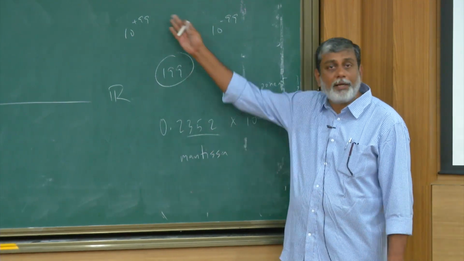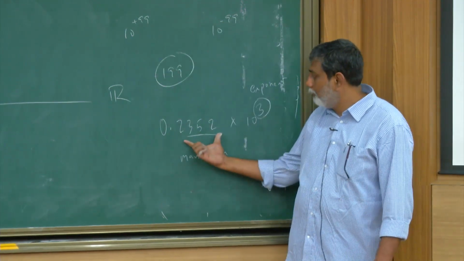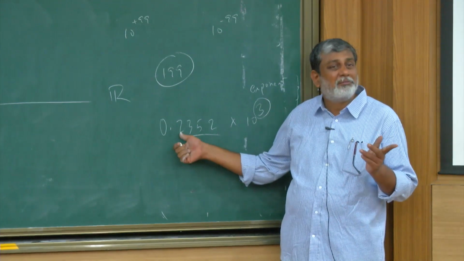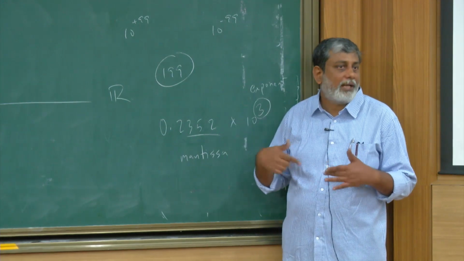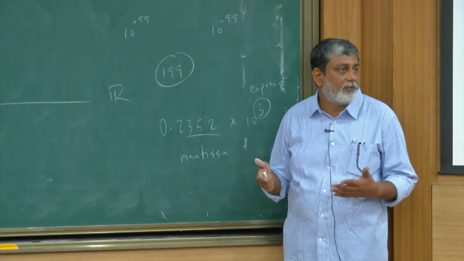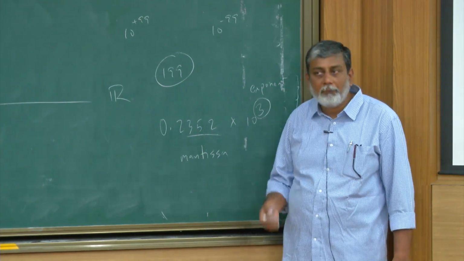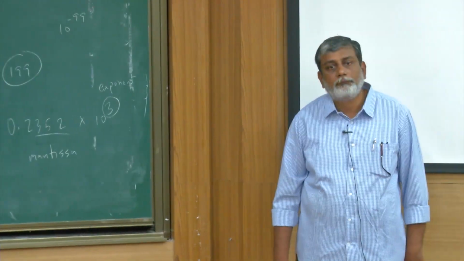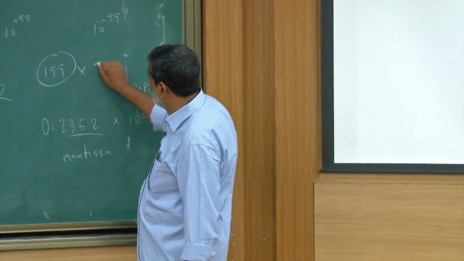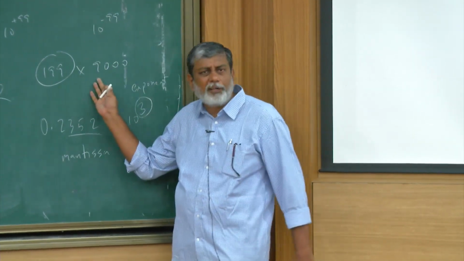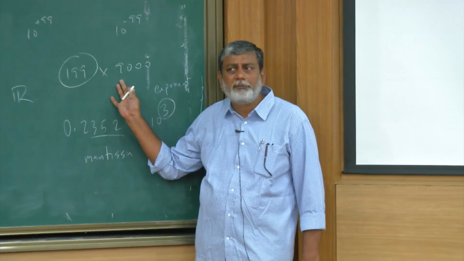So 199 exponents. And in the mantissa, the first digit is non-zero, and the other digits are anything, 10 digits. So total, that's roughly how many numbers you can store in this computer.